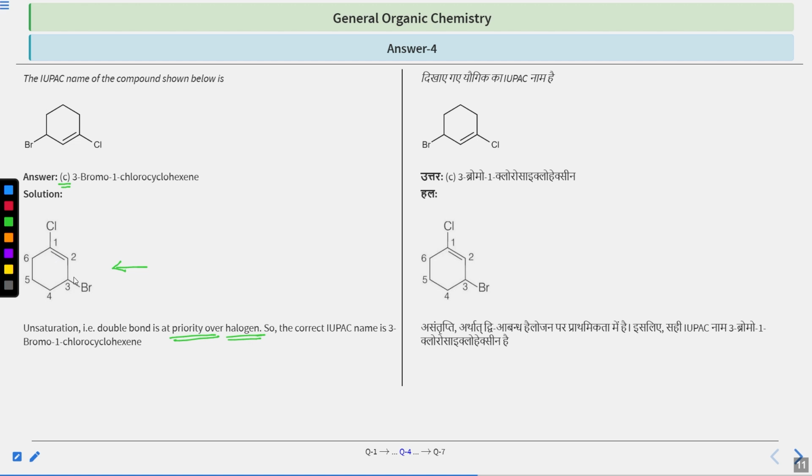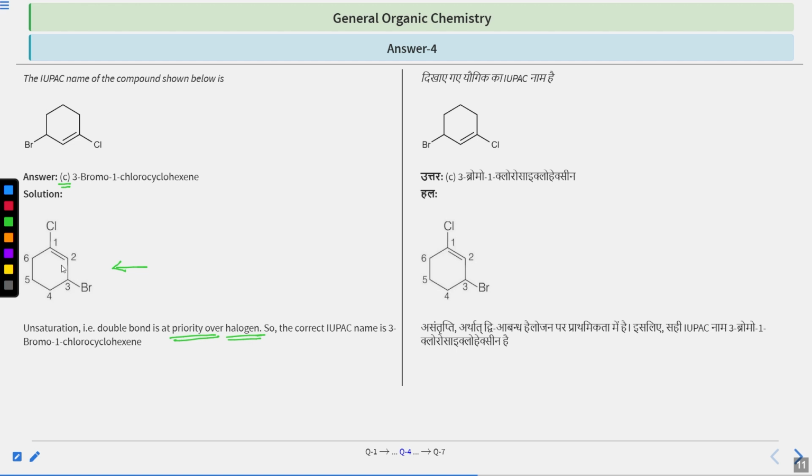So 1, 2, 3, 4, 5, 6, and the double bond is prioritized over halogen. So no matter whatever number is coming on halogens, we have to put the lowest number on the double bonded carbons. So the correct IUPAC name will be 3-bromo-1-chlorocyclohexene.